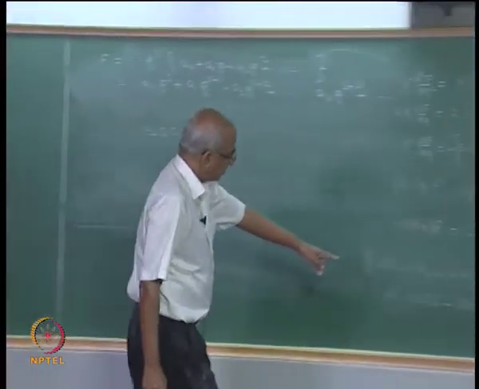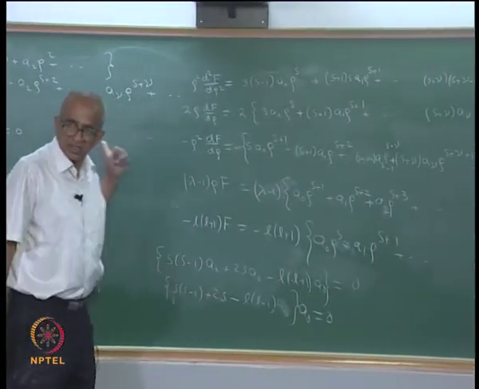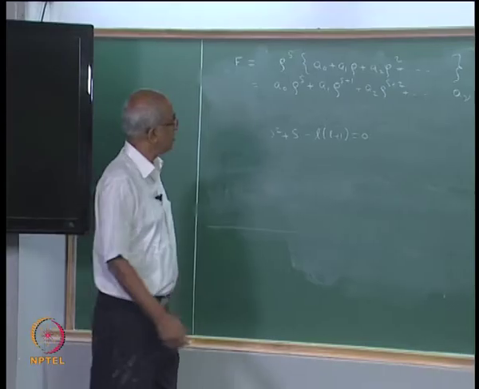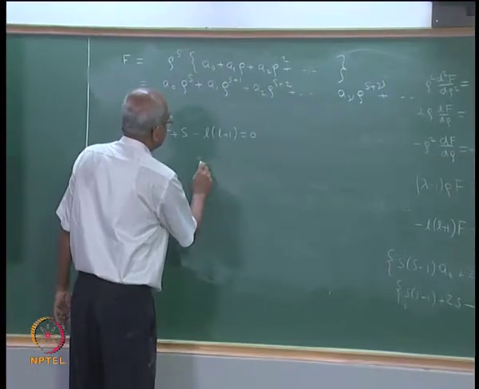See, s into s minus 1 plus 2s, you expand it and you are going to get s square plus s. Now, this is just a quadratic equation in s, you can solve it, right, because you want to find s which will satisfy this condition, and you will find that there are two solutions.